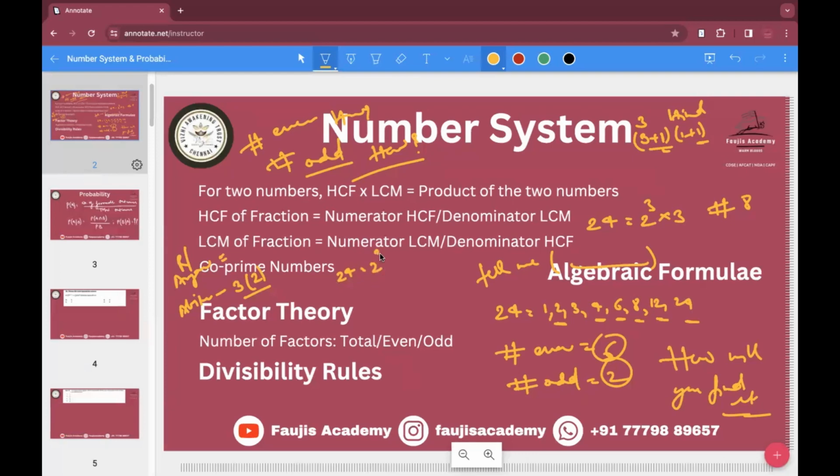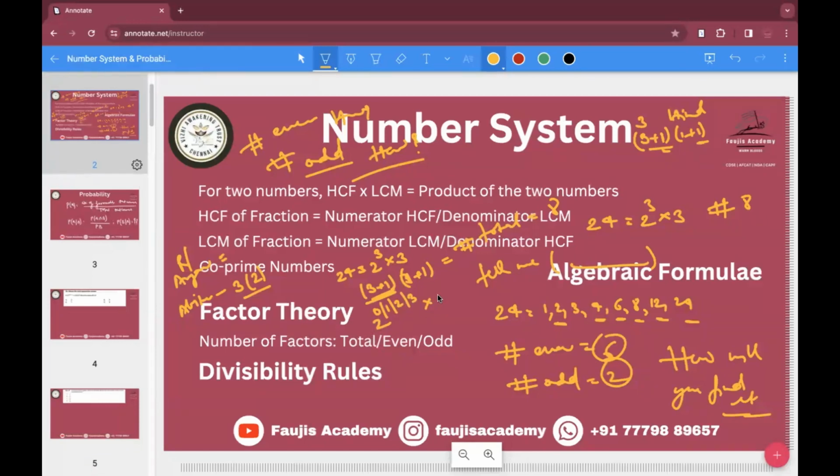It's like this. When we write 3 plus 1 into 1 plus 1 to find the total number of factors, which in this case is 8, what we essentially mean is that 2 can be raised to the power in 4 different ways, not 3 different ways: 0, 1, 2, and 3.